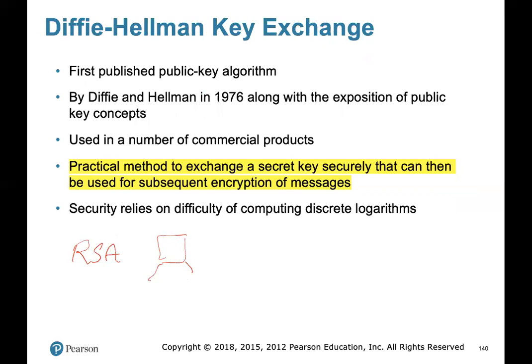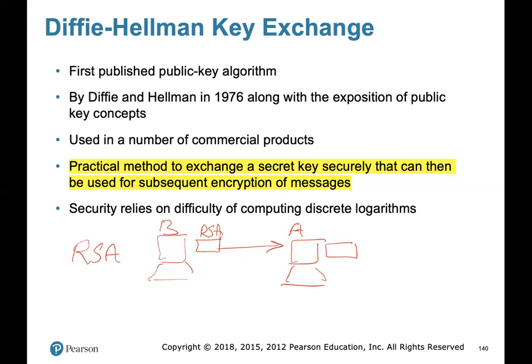Two parties, let's say Bob and Alice, are willing to start a secure communication. They use RSA in order to exchange the key. So Bob generates a key encrypted using RSA and sends it to Alice, and Alice receives and opens the key. So both of them now have the key.